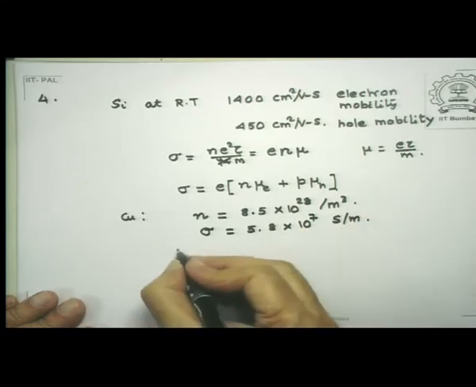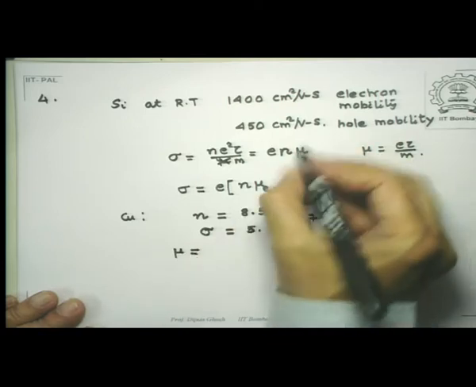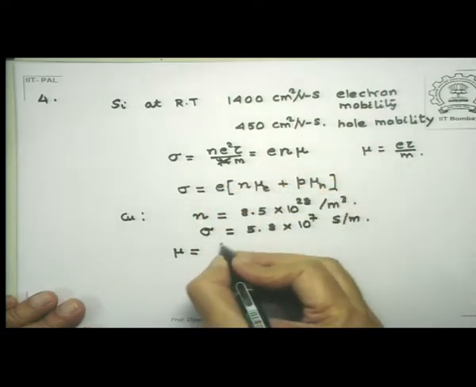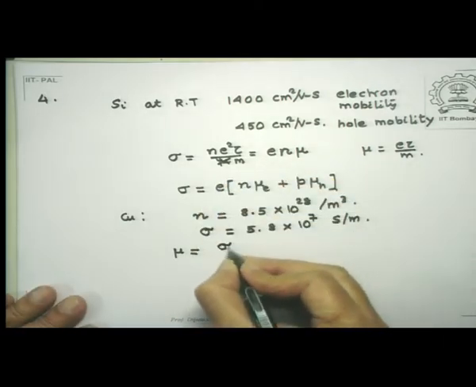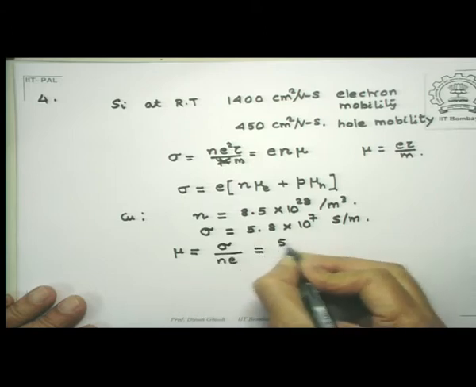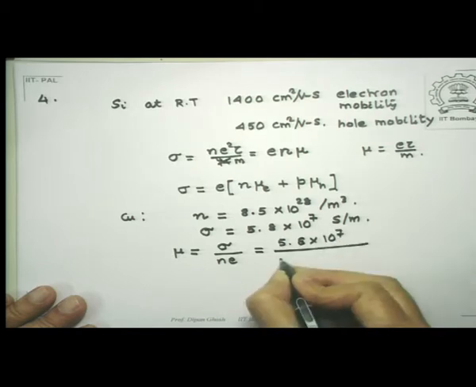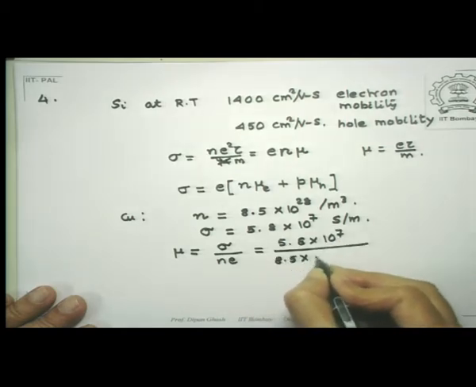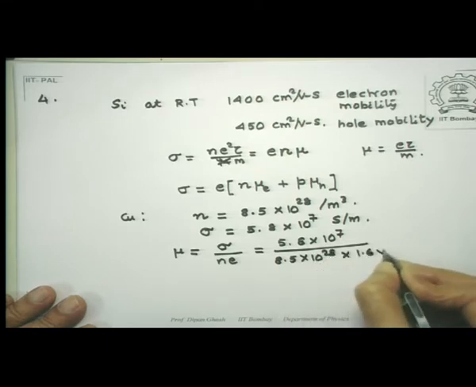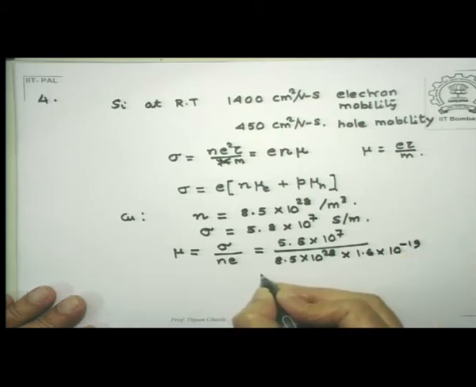So therefore my mobility, if you look at this expression, σ equal to neμ, my mobility is simply σ over ne. You substitute this, so this is 5.8 × 10^7 divided by 8.5 × 10^28 multiplied by 1.6 × 10^-19.